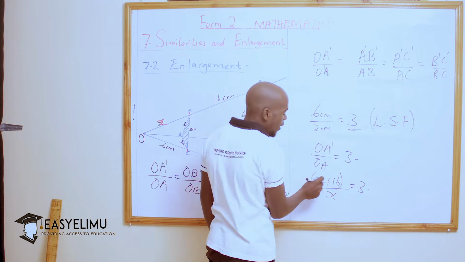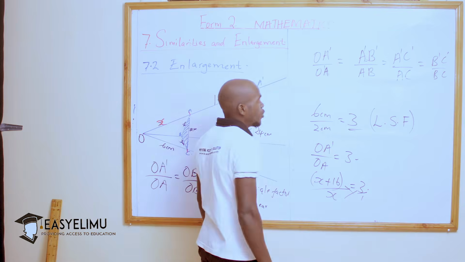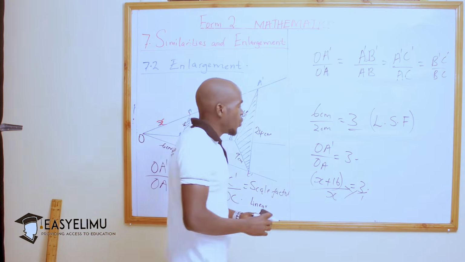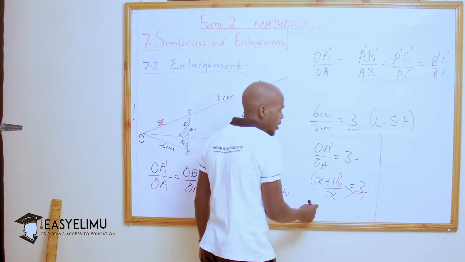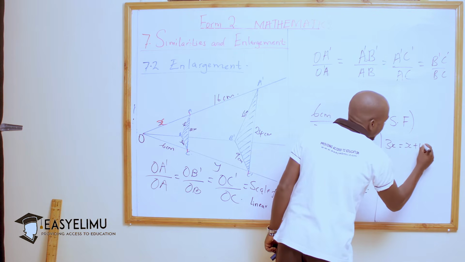If you want to find the value of X, you are required to cross multiply, and we end up with 3x being equal to x plus 16.